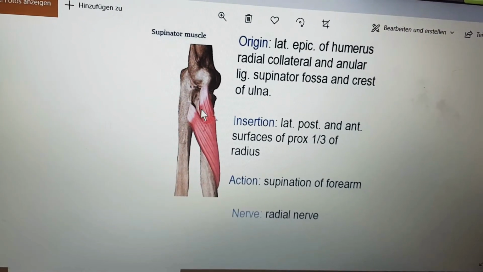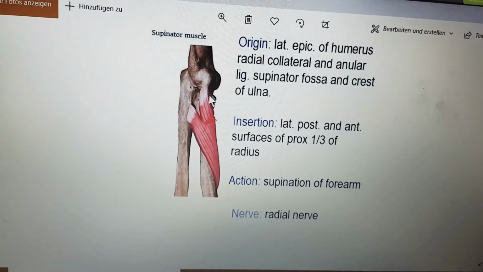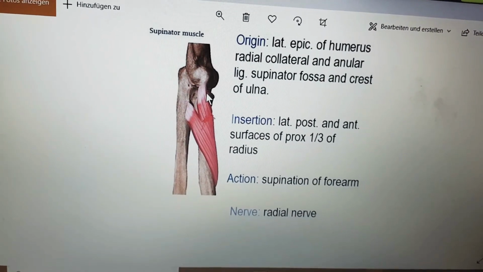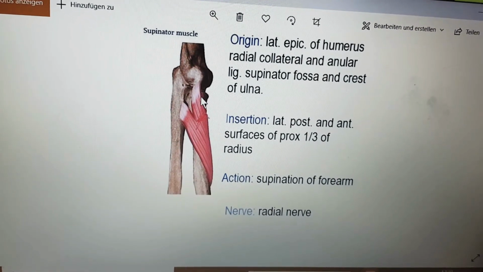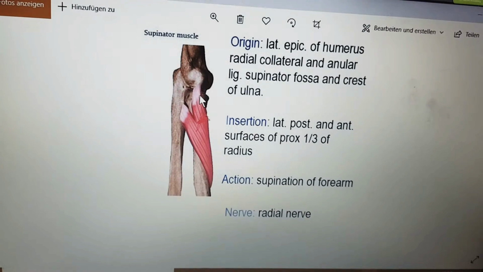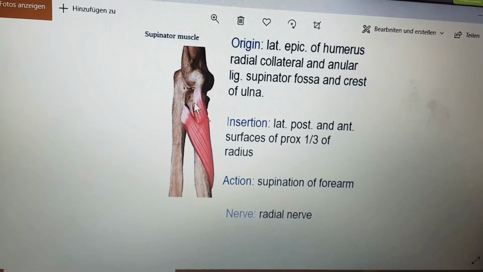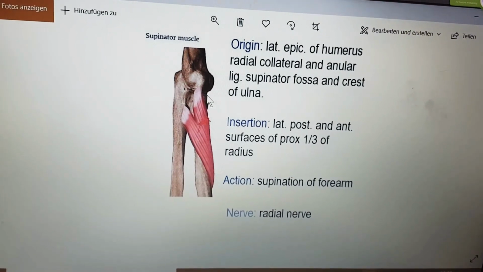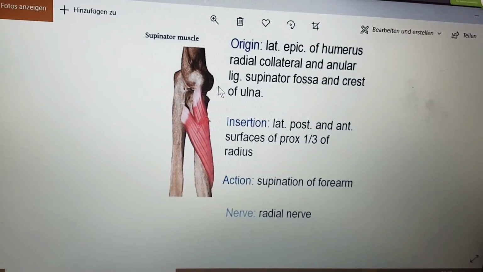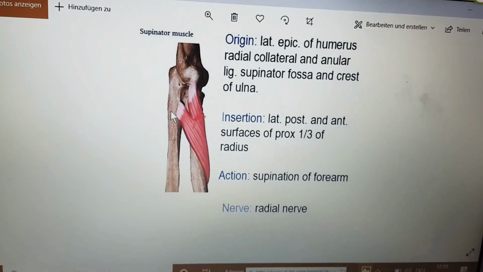The origin of this muscle is the lateral epicondyle of the humerus, radial collateral and annular ligament, and also the supinator fossa and crest of the ulna.